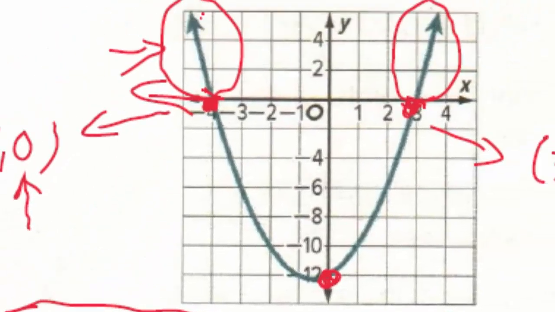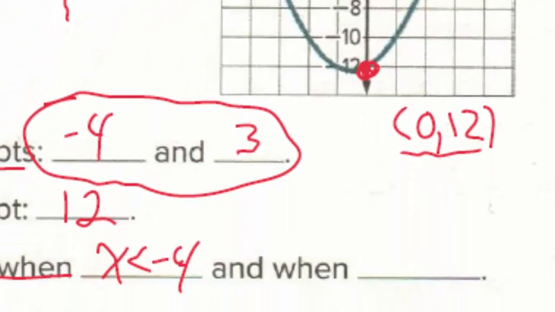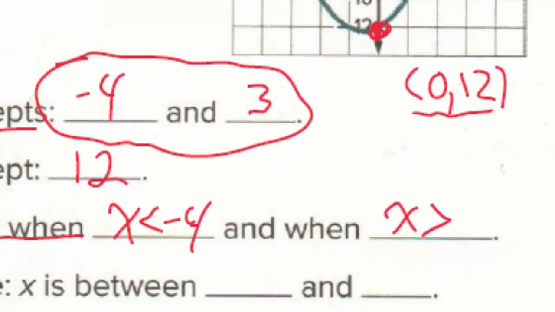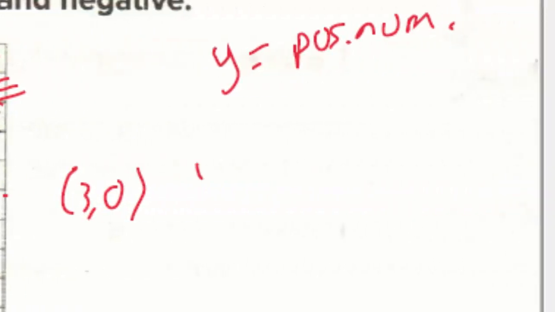When we look at the other side, this side over here where it's positive, that occurs whenever the x values are bigger than this intercept, which is 3. So x's are greater than 3, which means every point on this side will have a y value that is positive. So where is the graph negative? Well, that will be anywhere where the y values are negative numbers.